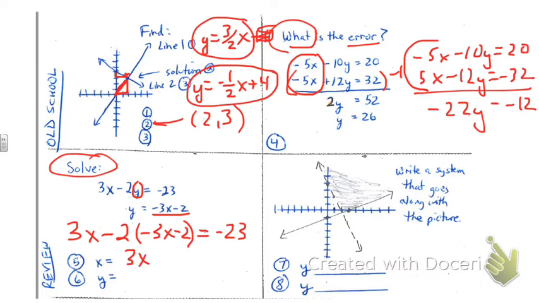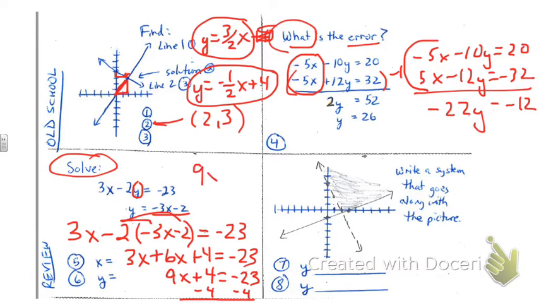So 3x, and then I distribute, plus 6x plus 4 equals -23. Combine like terms before you keep going. Running out of room a little bit, but I'm going to subtract 4 from both sides.